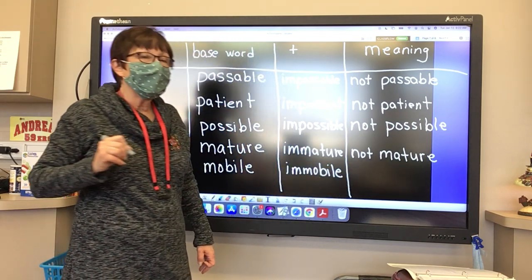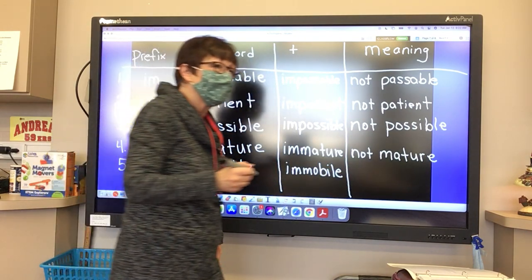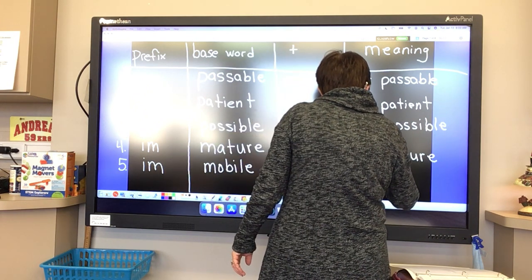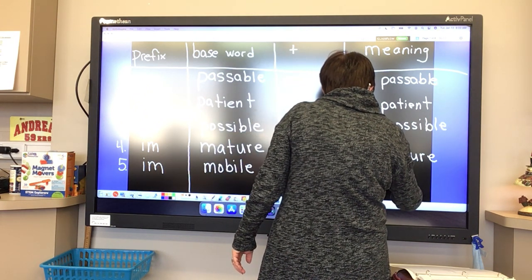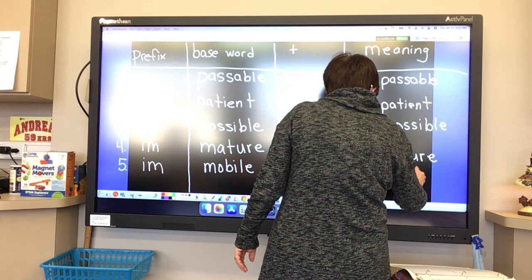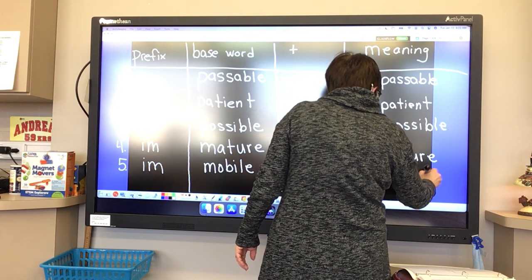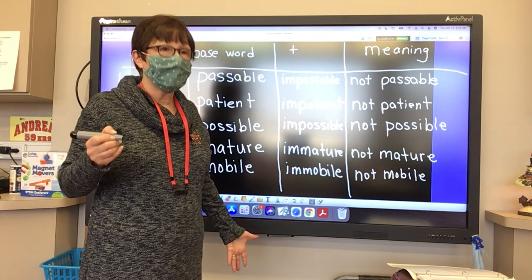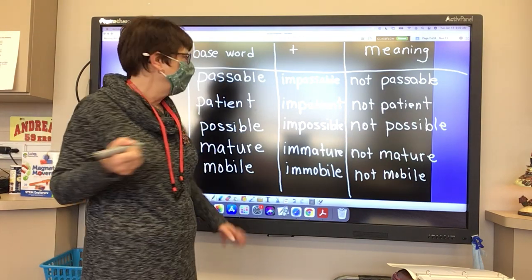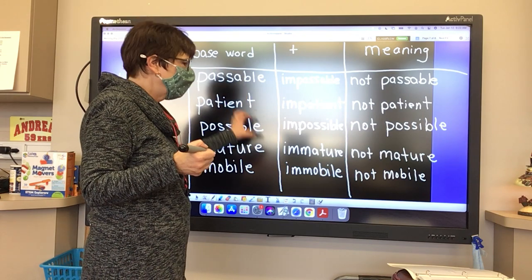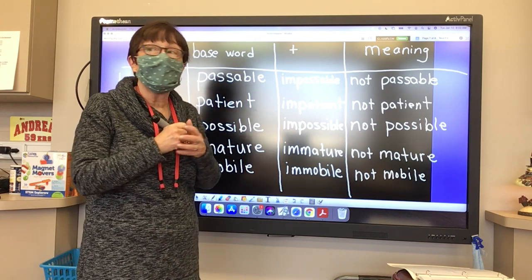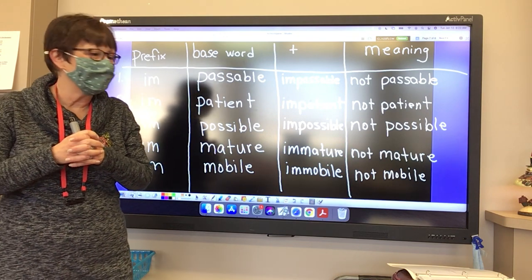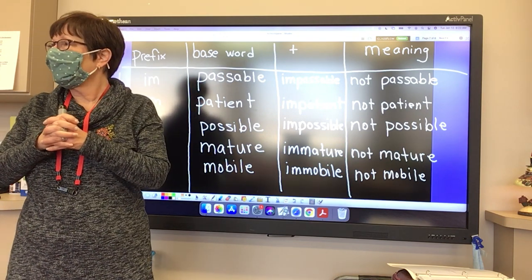And what does that mean, immobile, Mikey? Not mobile. And if we were to put that word in our own words, what do you think that means? And what does it mean to be mobile? To move. It has to do with being able to move. Very good. So these are our words. We've added the I-M or the M to it. Very, very good.